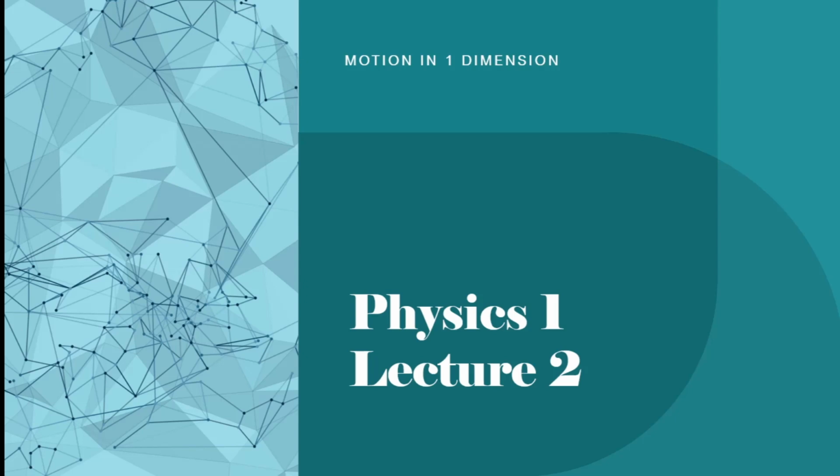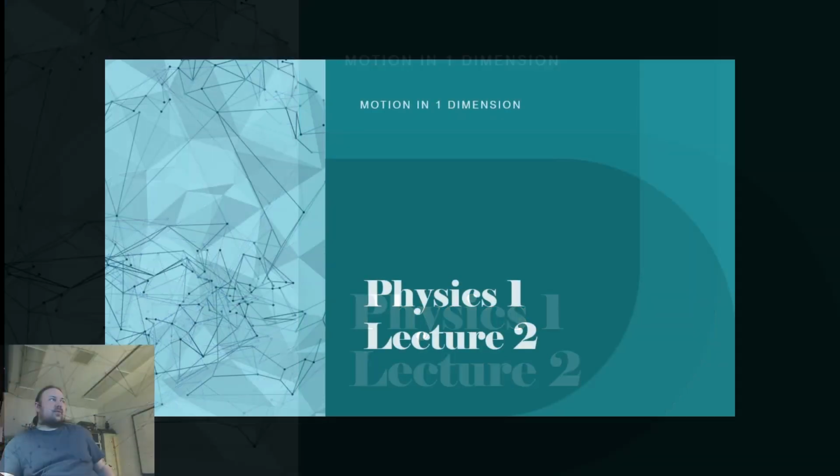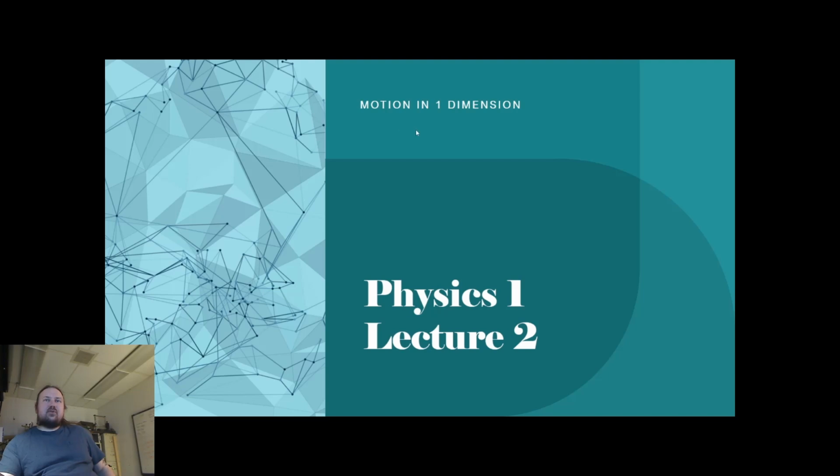So now that we have an idea about what units we're going to be using and how to put things into SI units and convert from one unit to another, we can go on to the next bit, which is going to be motion. So we have motion here in one dimension.